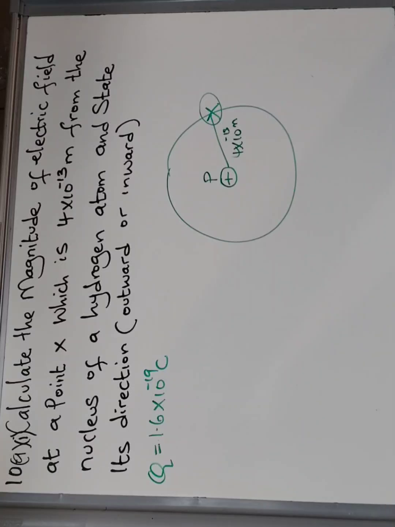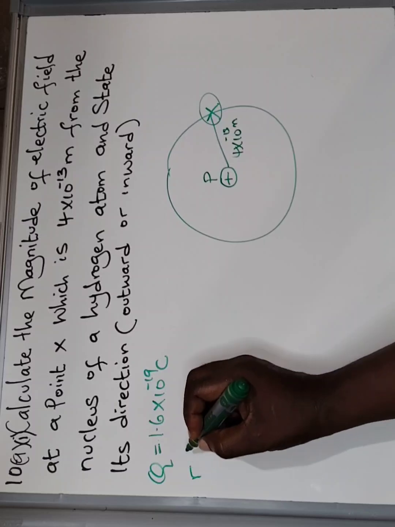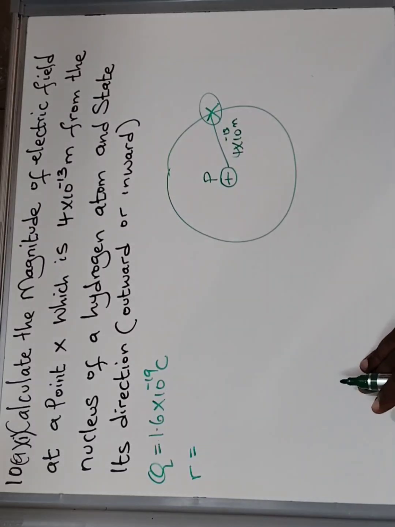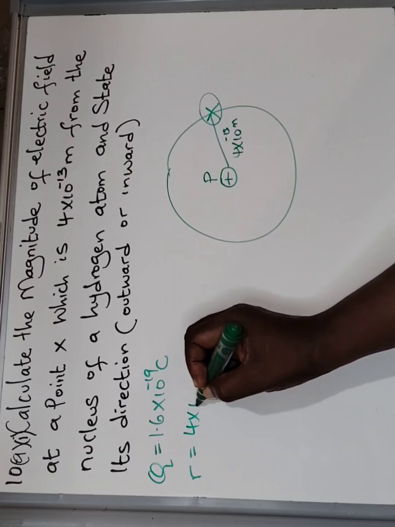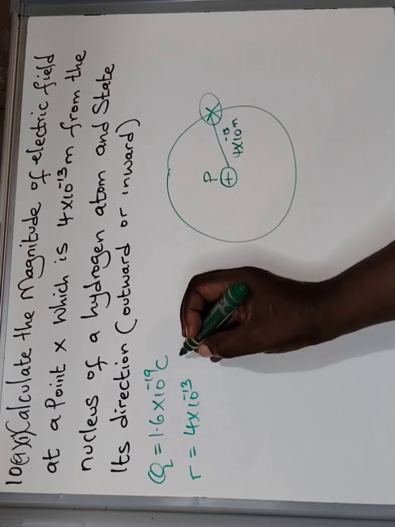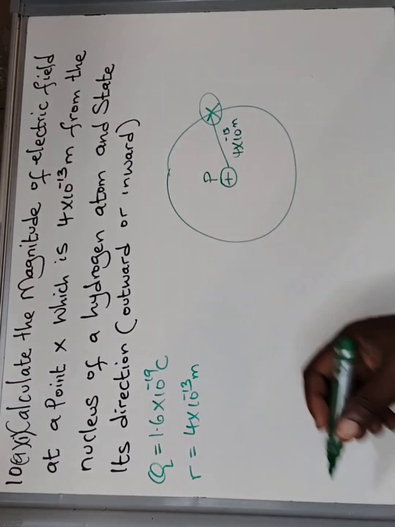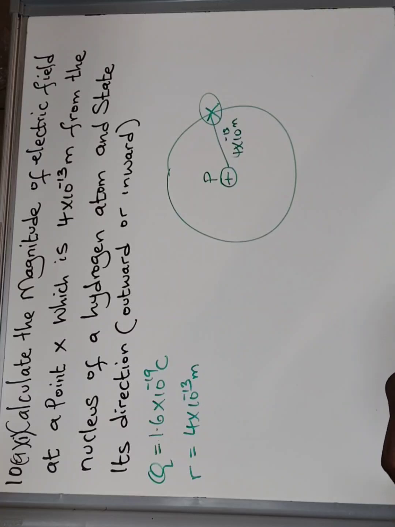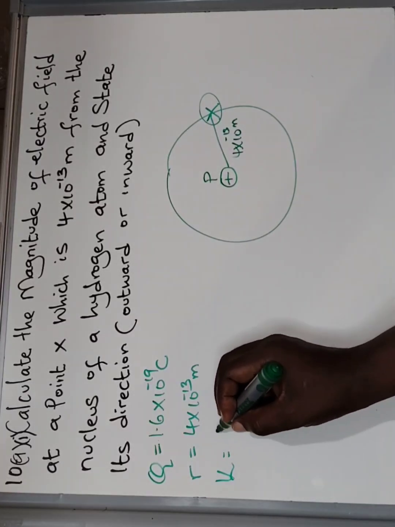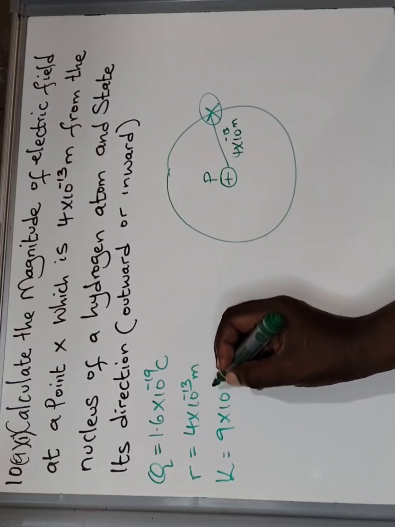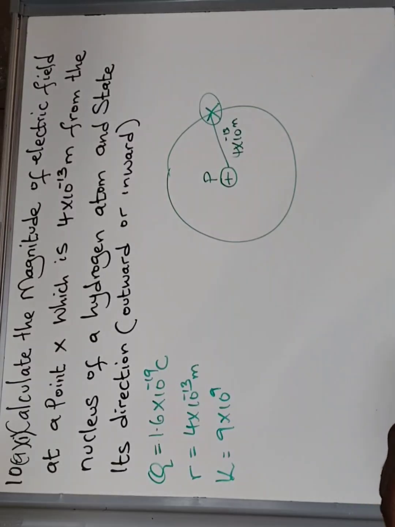What else do we know? We know R, the distance, 4 times 10 power minus 13 meters. And we know K, our normal electrostatic constant.